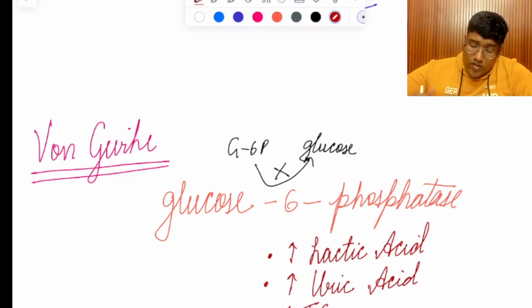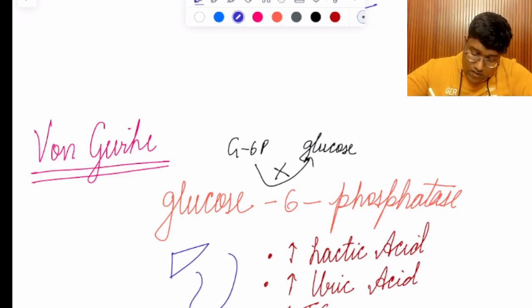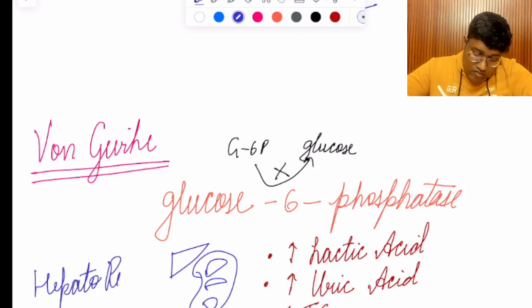So triglycerides are going to be high, and these two organs, that is liver and kidneys. So you'll remember it as hepatorenal. They have a big liver, they have big kidneys. Why?